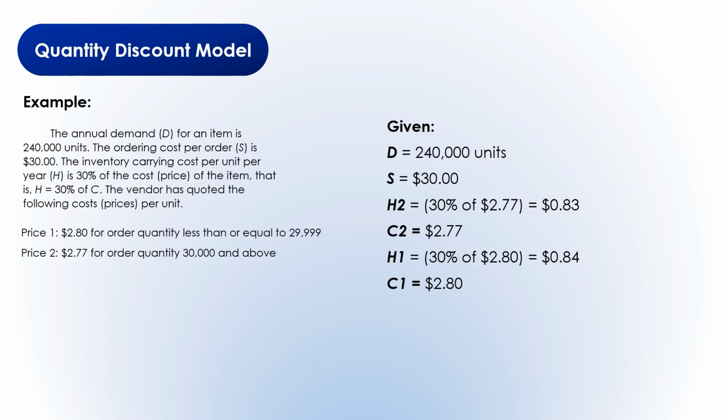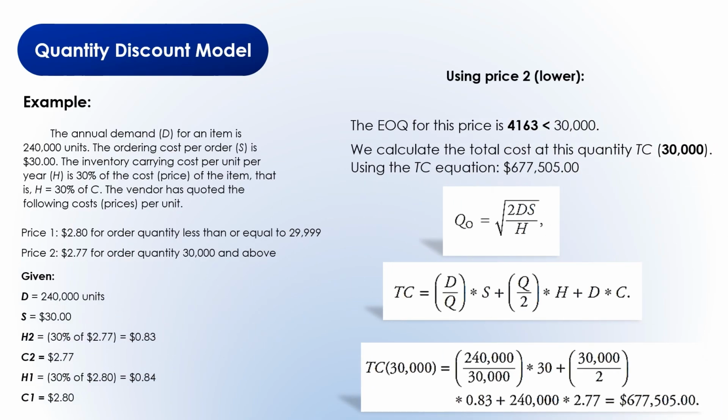Let's first assess the price 2, which is the lower. So the EOQ for this price is 4,163, which is less than 30,000. So we calculate the total cost at this quantity, or the TC, at 30,000.